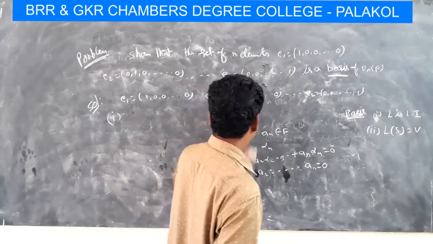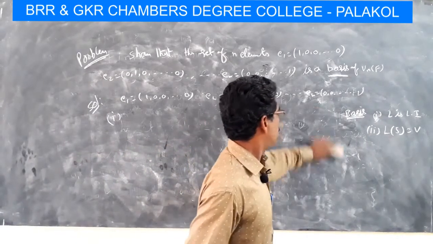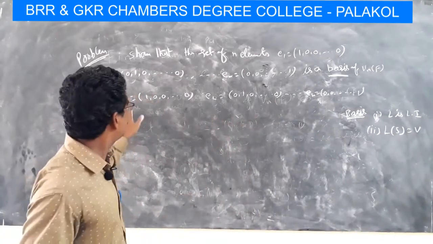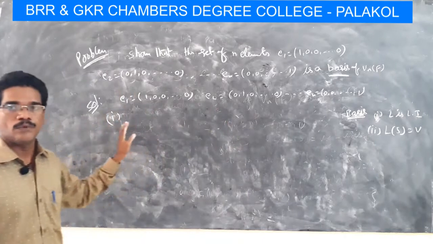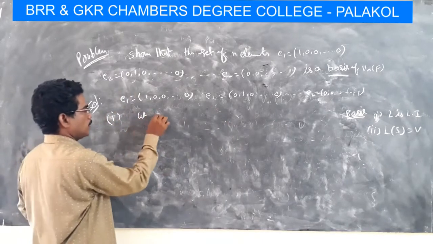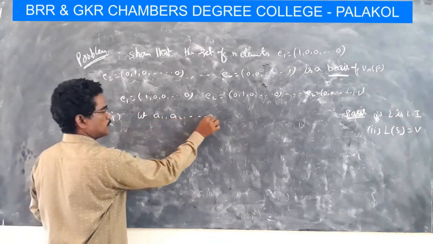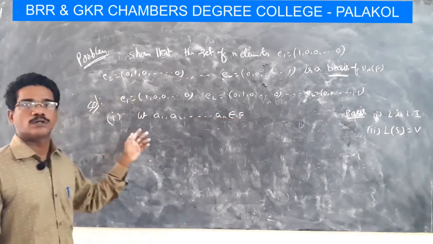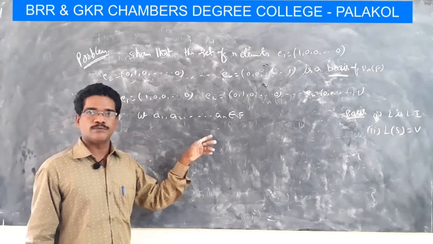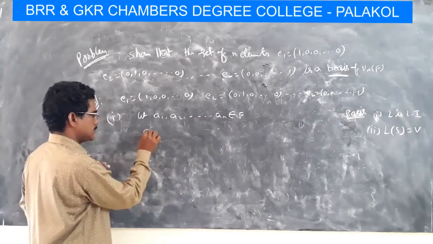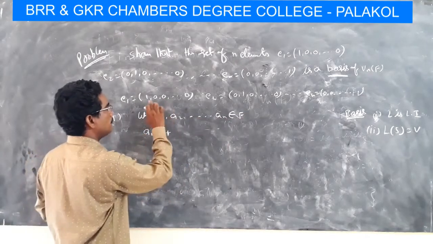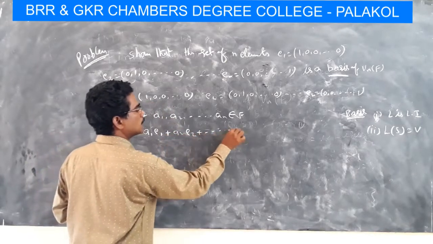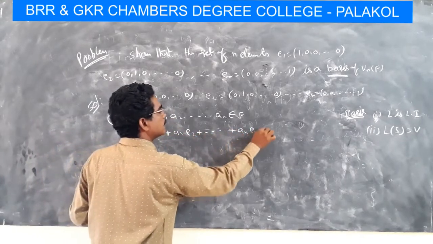So first consider e1, e2 so on en, and let a1, a2, so on an belong to F. Then the linear combination is a1 e1 plus a2 e2 plus so on plus an en.